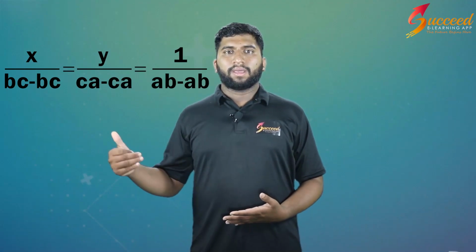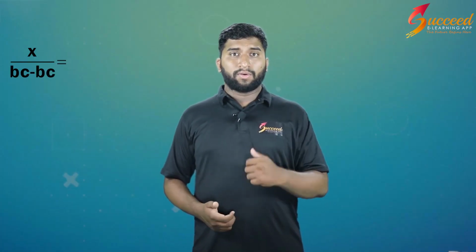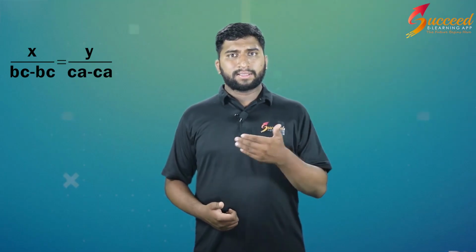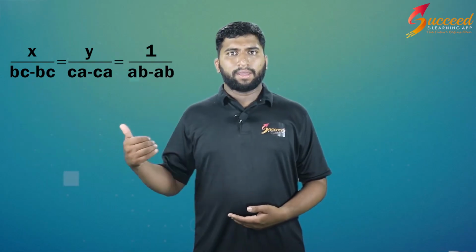So what you have written now is x divided by BC minus BC is equal to y divided by CA, CA is equal to 1 divided by AB, AB.